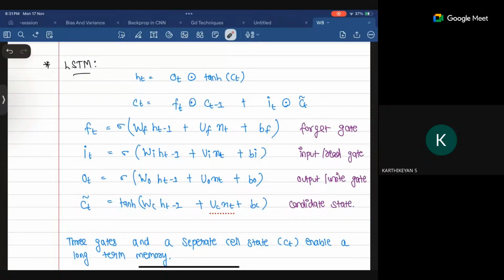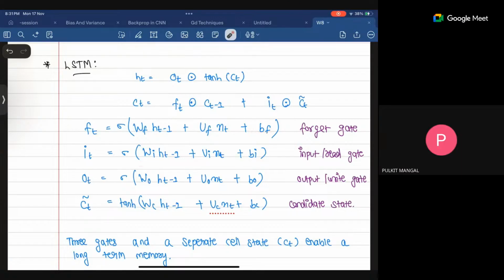Your explanation is clear. The only thing is, there should be some other information or input for the model to learn different weights for each of the forget, read, and output gates, right? Because your HT minus one and XT are the same for all. The input is the same, but the parameters are different. It uses WF, UF, BF, and that is what is getting learned.